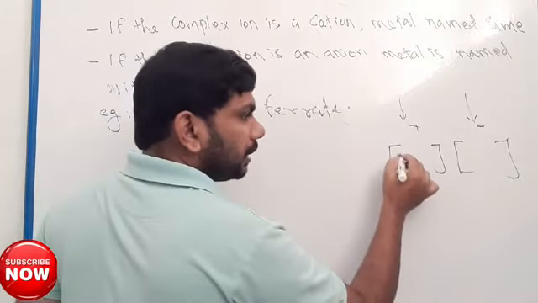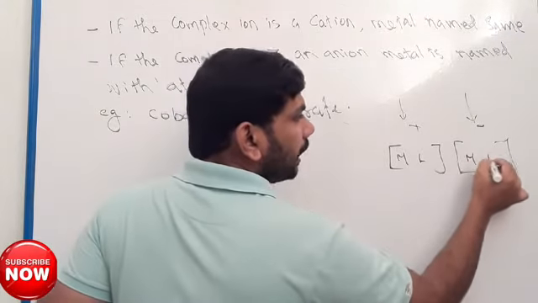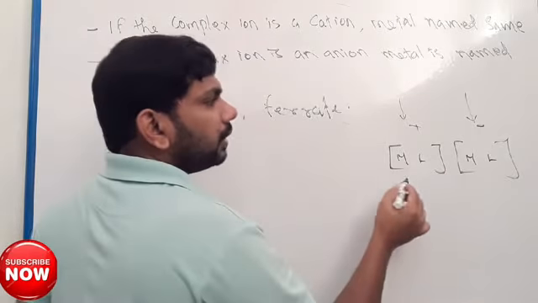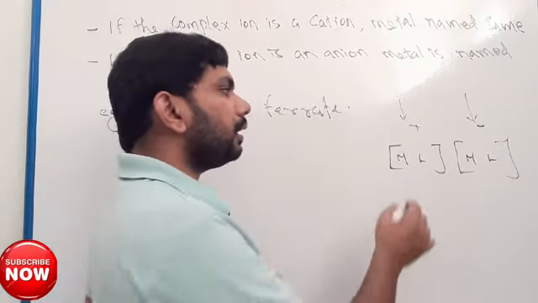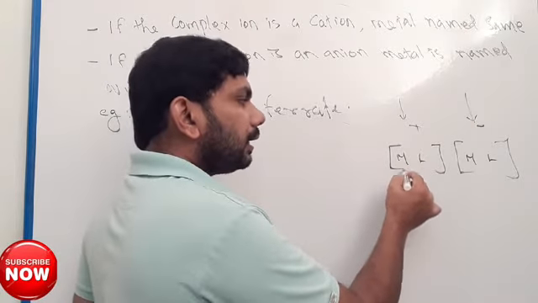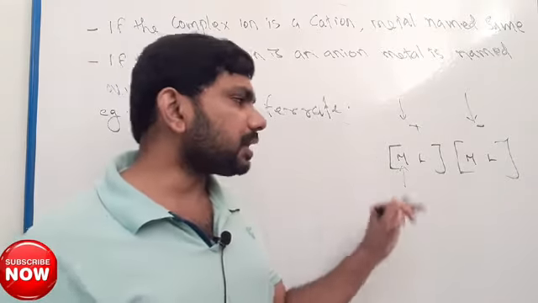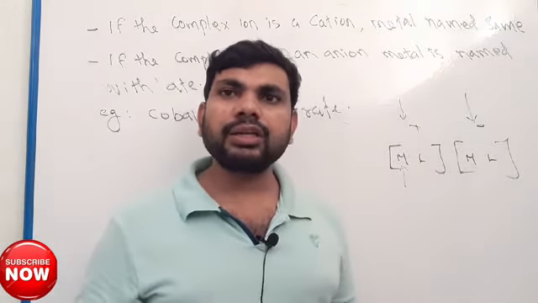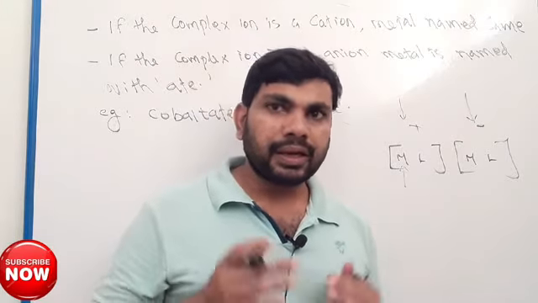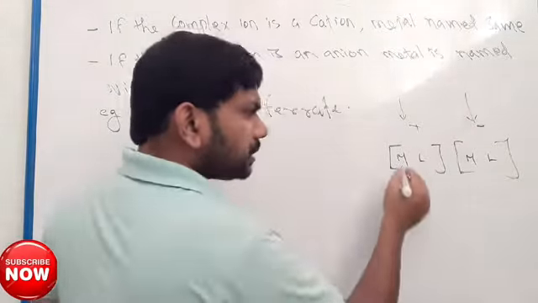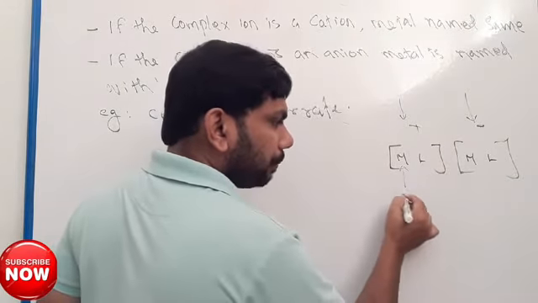And here there is one metal and ligands. Here also metal and ligands. So in a coordination compound which contains a complex ion, the name of the metal is the name of the element. Example, this is the positive part, there is cobalt.